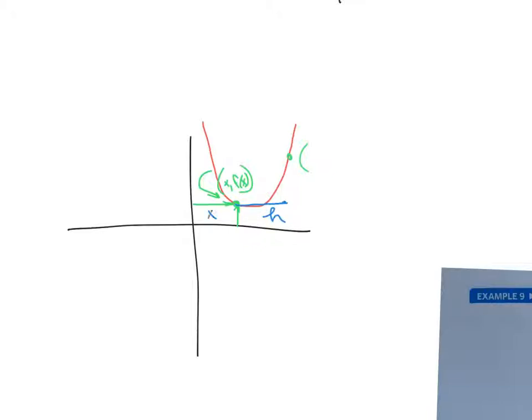So we'll call this x and that h. To get over to this point, we had to go x plus h. So that is going to be our first value there, and our second value will be f of x plus h.